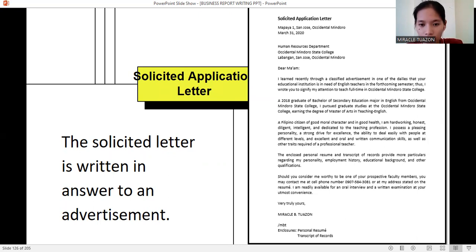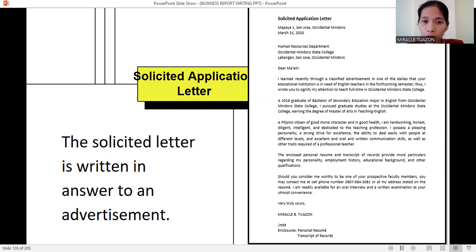You can see there on the first paragraph, what? The attention you have to attract, di ba? I learned recently through a classified advertisement in one of the dailies that your educational institution is in need of English teachers in the forthcoming semester.